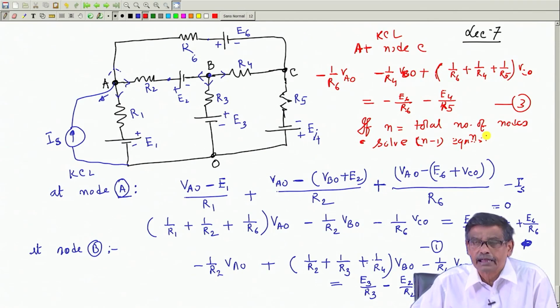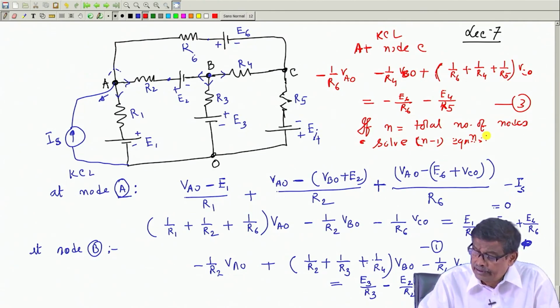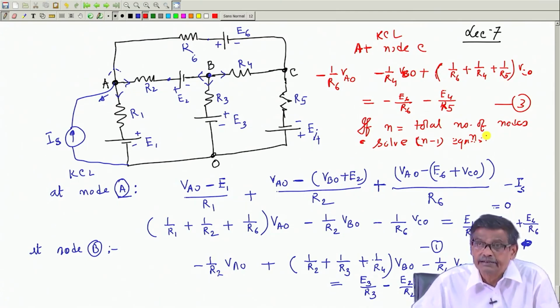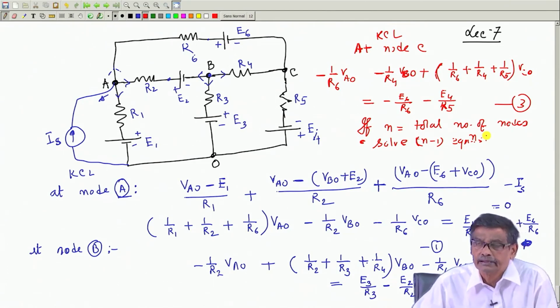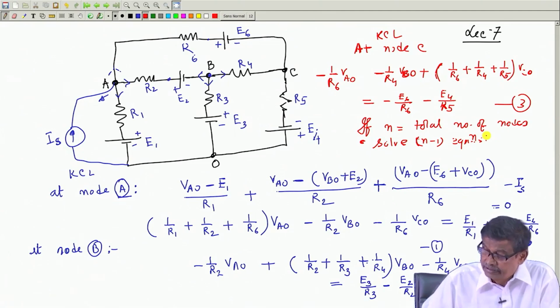I will not spend further time scratching my head to see this way or that way the current is flowing, because I have done that for the first time, and then I soon discovered that there is a pattern existing, and I will encash that to write down all the 3 equations in no time practically.